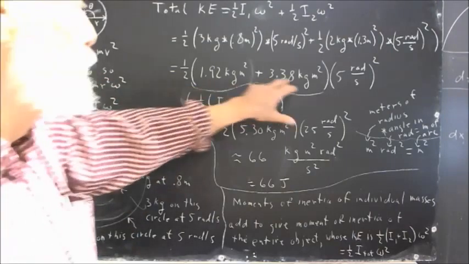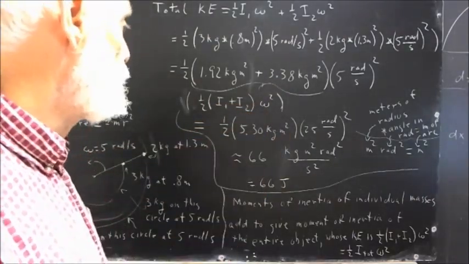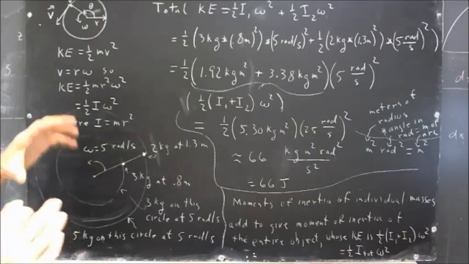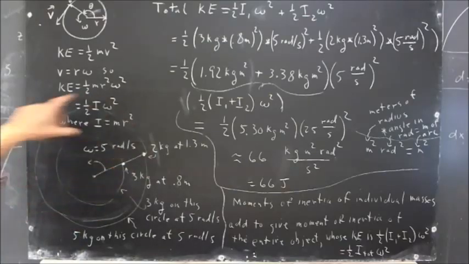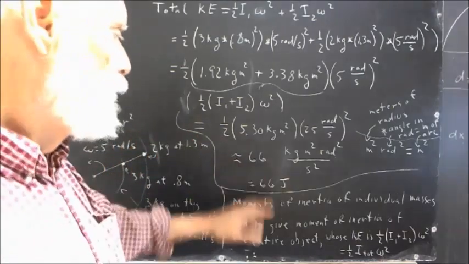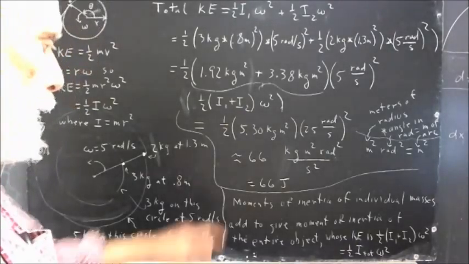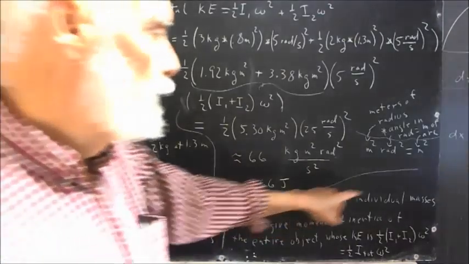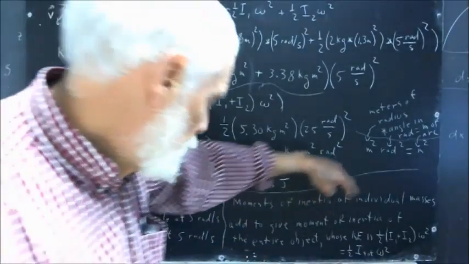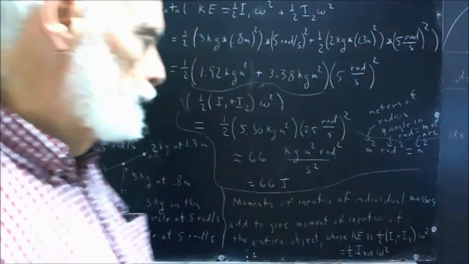Now, another important idea that we get from this example. Remember, we added the moments of inertia and did this calculation. We got the same thing that we got when we did the individual kinetic energies, not even using moments of inertia, okay? But our conclusion here is that the moments of inertia of individual masses can be added to give us the moment of inertia of an entire object.